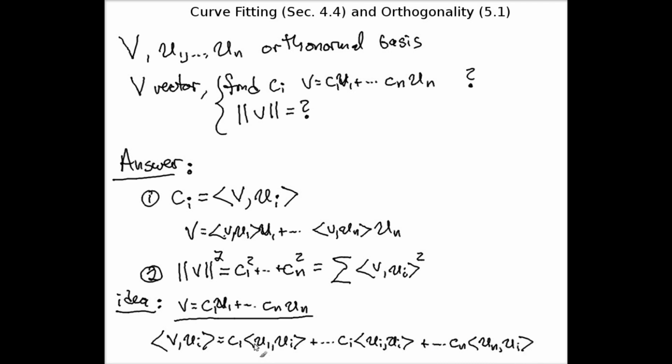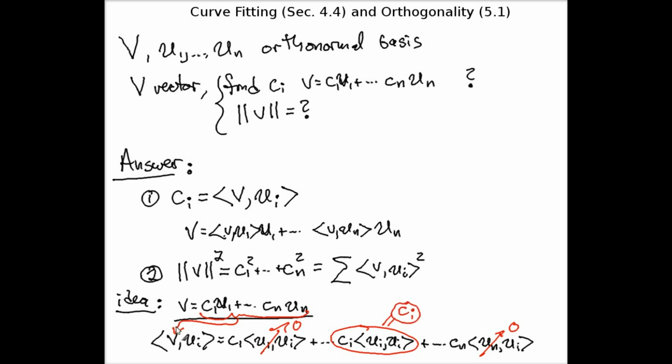So to calculate the inner product of V with UI, you write V as this sum. And then you expand it out, you get C1 U1 UI plus dot dot dot CI UI UI all the way to CN UN UI. And all of these terms are zero except for this one, which this number is 1, so this thing's equal to CI.